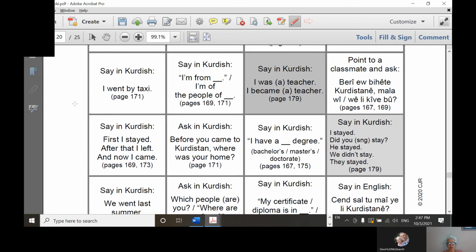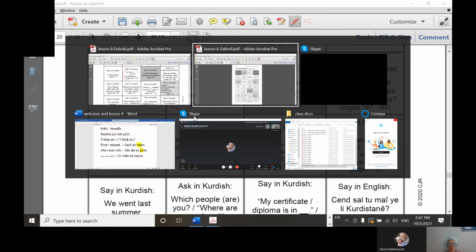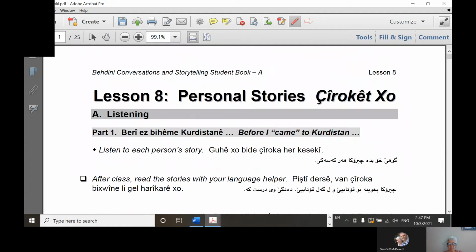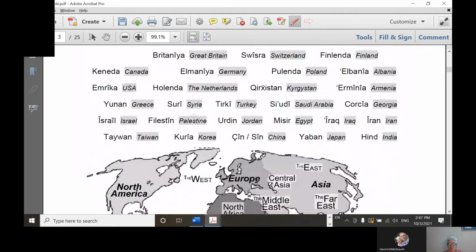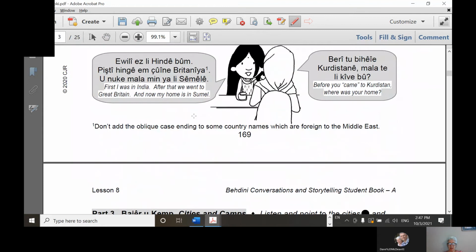Okay, so now you say in Kurdish, I'm from such and such a place, or I'm the people of such and such a place. Okay, so page 169. The bottom of this page.